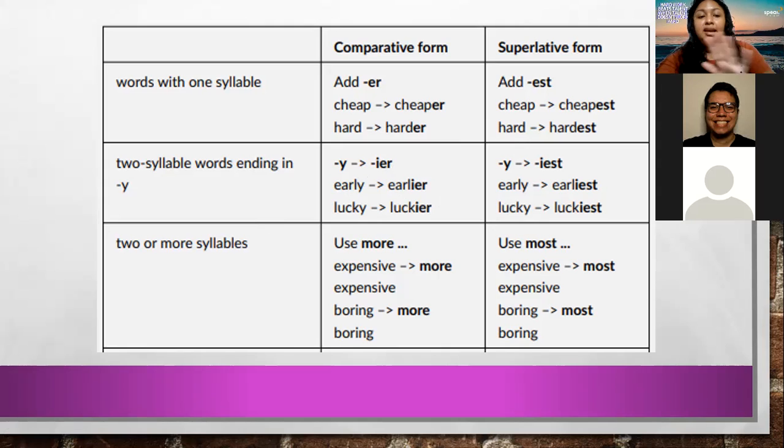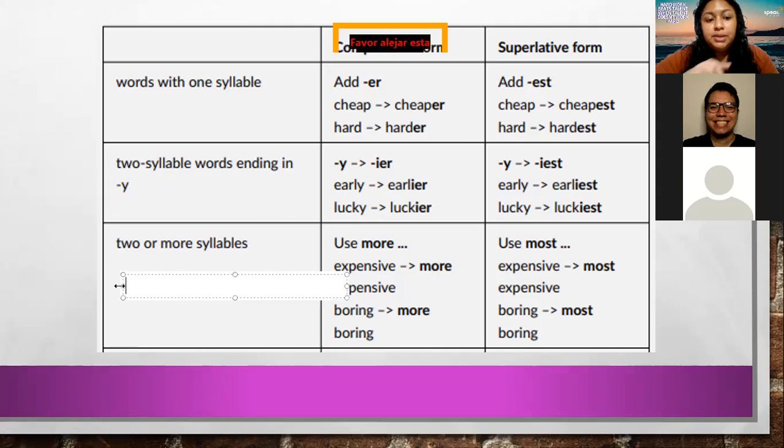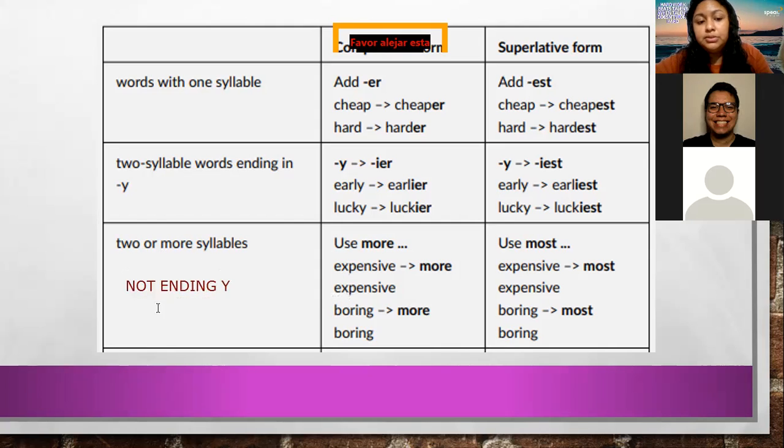And the only situation when I'm going to say more for the comparative form and most for the superlative form is when I have a word with two or more syllables, three syllables or two, and the word doesn't end in Y, you see, in the letter Y. So two or more syllables not ending in Y. All right, so for example, expensive, three syllables.